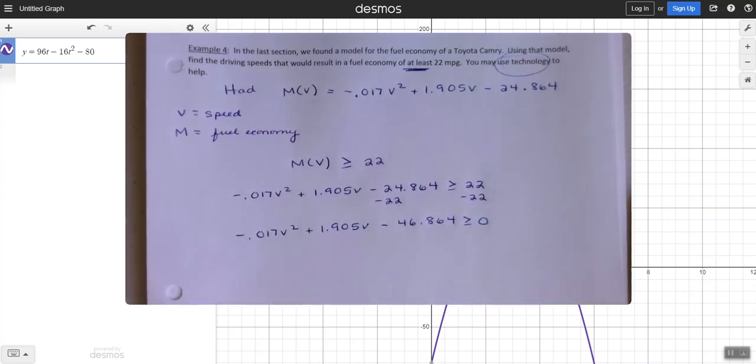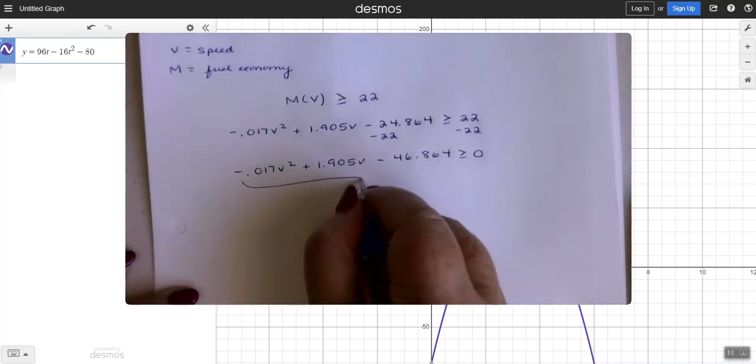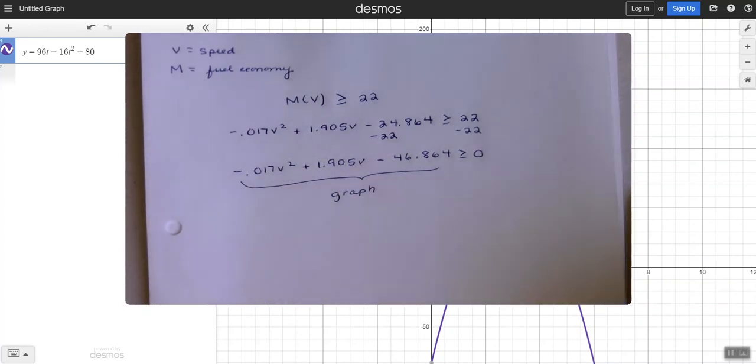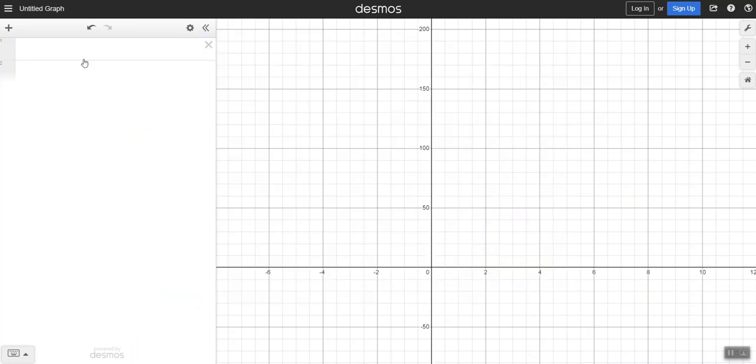And I would like to know where that's greater than or equal to 0. And I'm going to do this one with technology, so I'm going to do it visually with a graph. So this time I'm graphing y equals, and I'm going to type in that function.